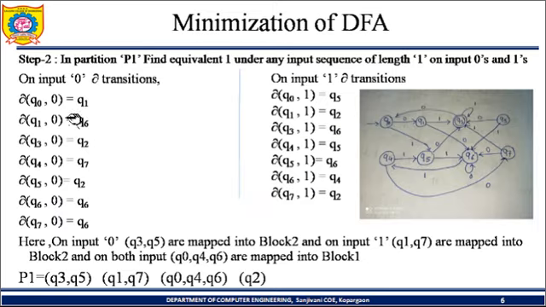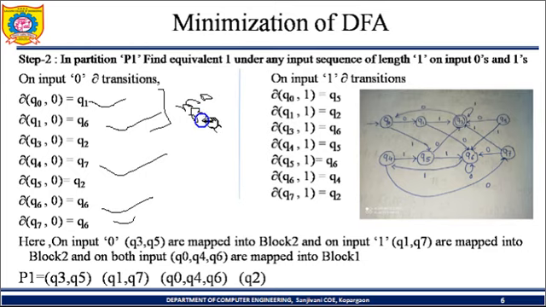So on input 0, Q0, Q1, Q4, Q6 and Q7 are mapped into block 1. But Q3 on input 0 and Q5 on input 0 are mapped into a different block.